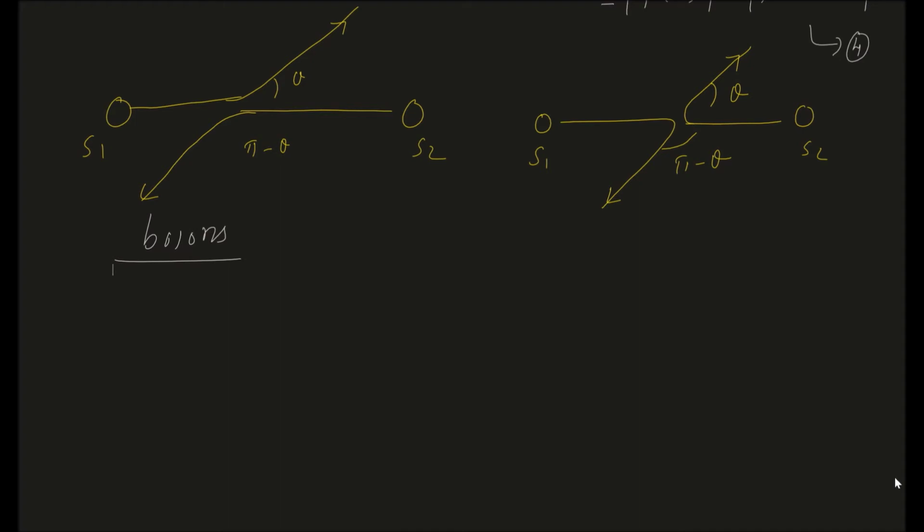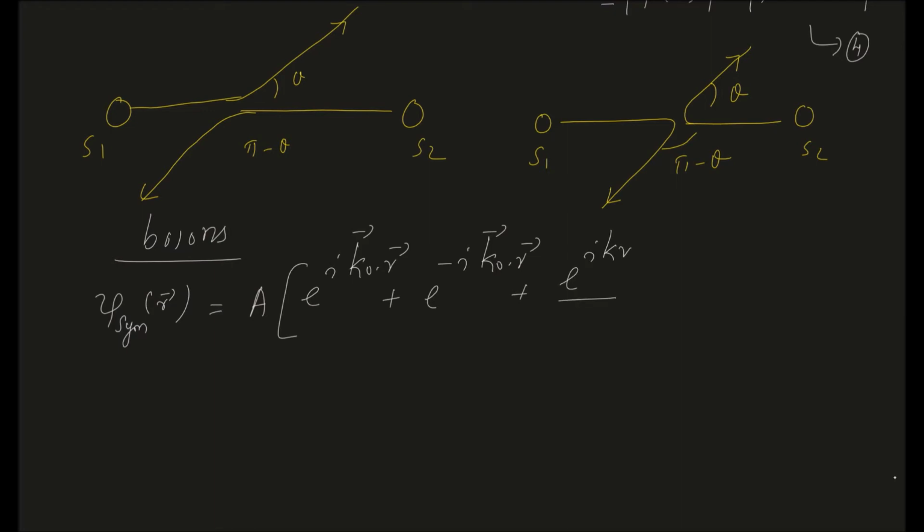Then the two particle wave function is symmetric, and we can write the scattered wave function as psi symmetric of r equal to some normalization constant A times e raised to i k0 dot r plus e raised to minus i k0 dot r plus e raised to i k r by r times f of theta plus f of pi minus theta. So this is the expression for the scattered wave function if you are considering boson scattering.